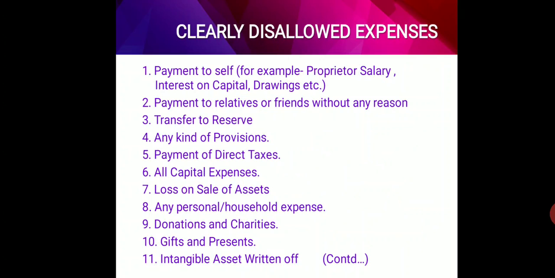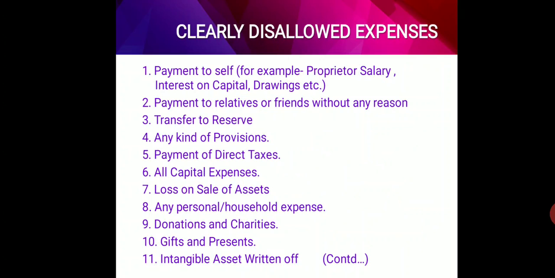Now, the list of clearly disallowed expenses. The following expenses which I am discussing now are disallowed expenses. They are clearly disallowed. That means there is no condition attached to these. If any payment is made to self, for example proprietor salary, interest on capital, drawings, etc., they will be disallowed.